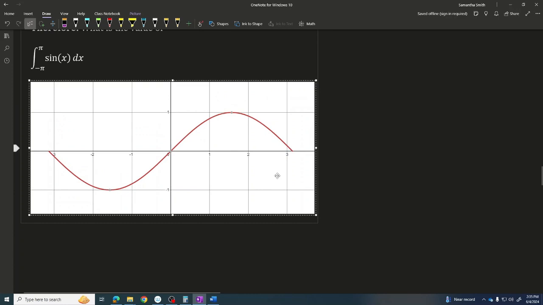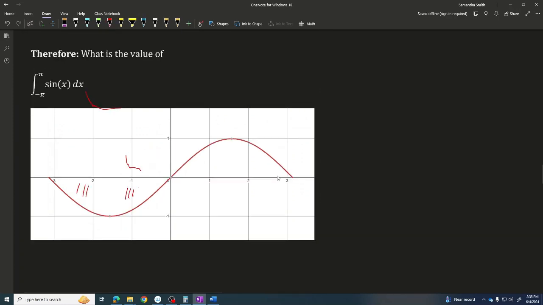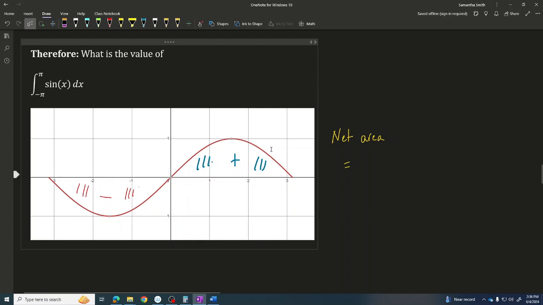Now, net area gives me a negative area for regions below the x-axis, and it gives me a positive area for regions above the x-axis. Bearing that in mind and looking at this picture, what do you think is the value of the net area? Well, the net area is a combination of the positive part and the negative part, allowing the two to cancel each other out.